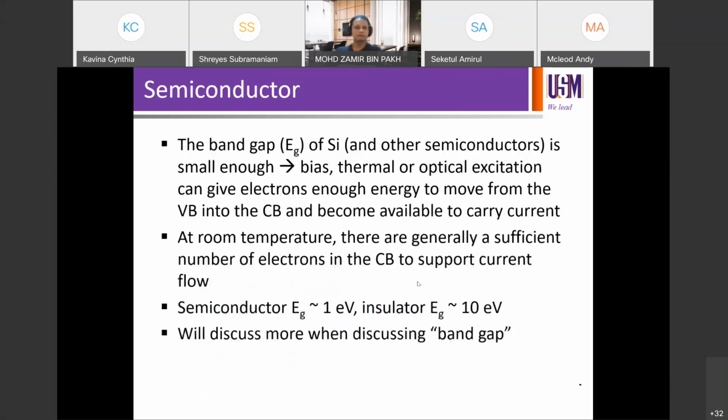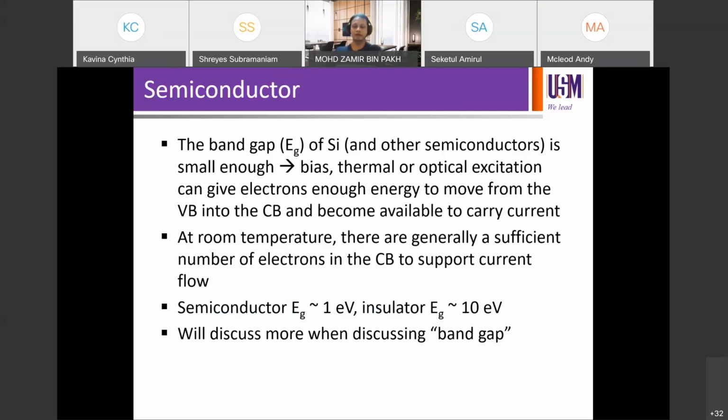So the band gap of silicon or other semiconductor is small enough, quite moderate, not too small, not too big. Bias, thermal, optical excitation, or external factors can actually alter the properties of the semiconductor materials, which results in electrons having enough energy to move from valence band to conduction band to become available to carry current.